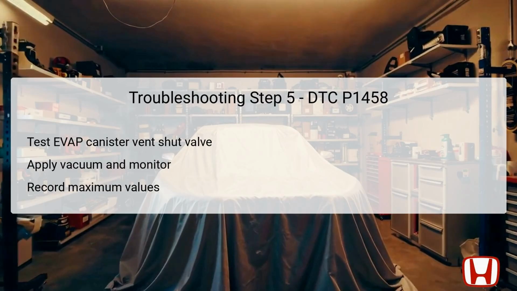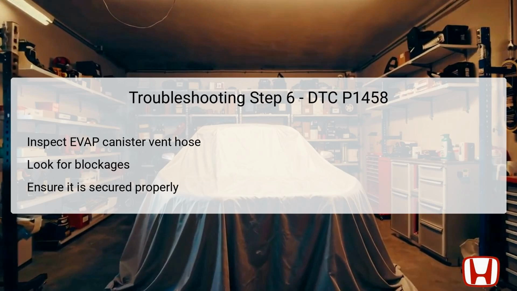Normally, the vent shut valve should not retain a vacuum greater than 1.3 kilopascal. Anything above this indicates a potential sealing failure of the valve. Adequately recording these values is essential for diagnosing the issue correctly. Completing this step will further clarify the condition of the evap system.